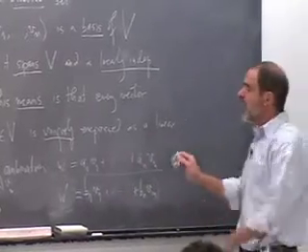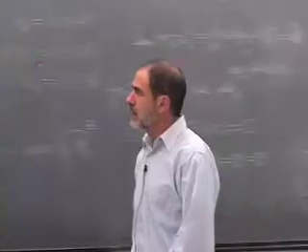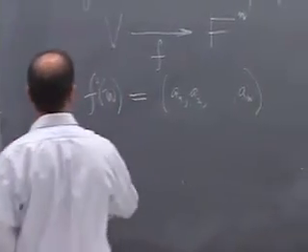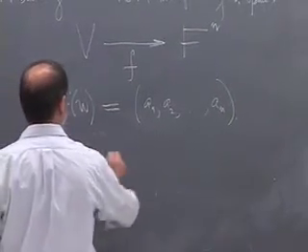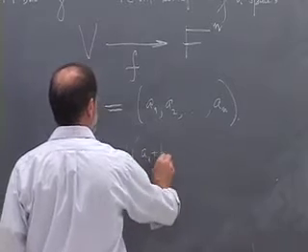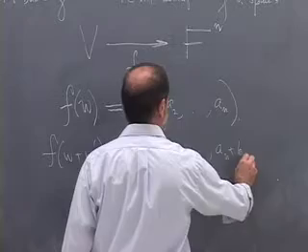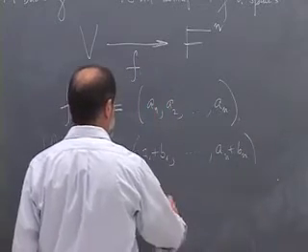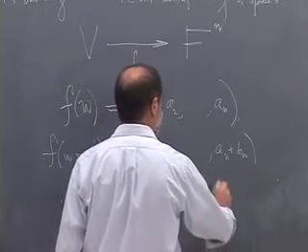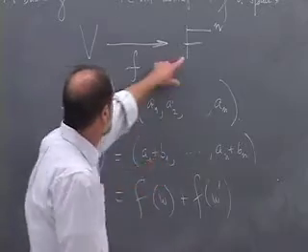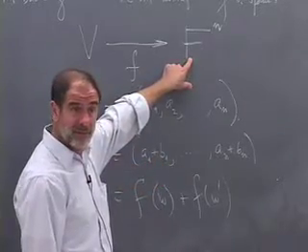And so when we apply f to w plus w prime, we get a1 plus b1, if you just take the definition of f that I've given here, ..., an plus bn, which is exactly f of w plus f of w prime, right? Because this is the addition law in this vector space.